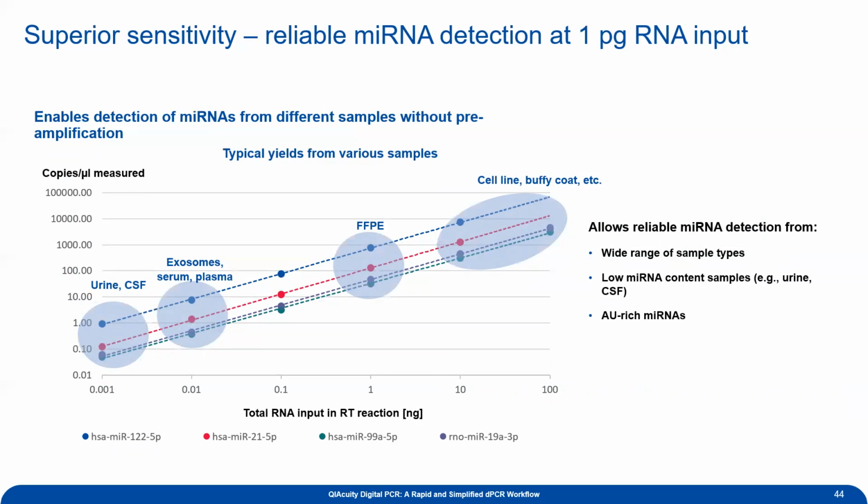Then we're going down the list in terms of amount and difficulty to work with. So you have your FFPE, then extracellular exosomal DNA, your sera, your plasma, and then very difficult, nasty inhibitor-rich things like urine and cerebrospinal fluid, which you either can't get enough of for CSF, or for urine, which tends to have a ton of inhibitors present. So what we can see is, down to about a picogram of input, high accuracy copy number detection for microRNAs.